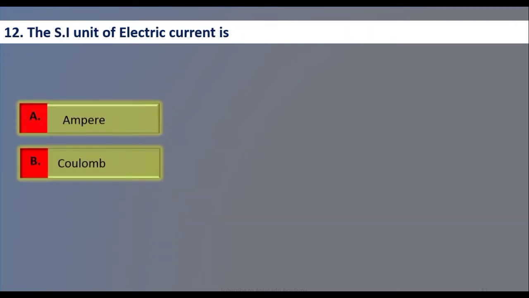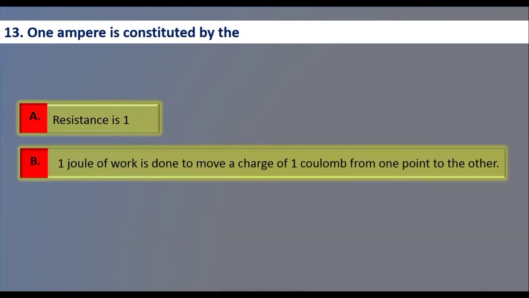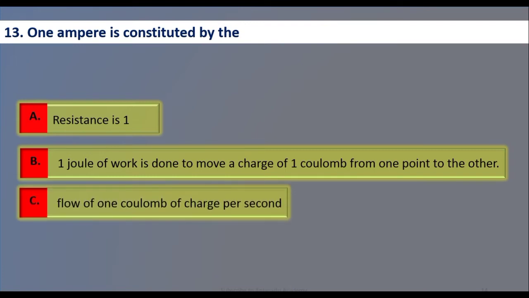The SI unit of electric current is ampere, coulomb, volt, ohm. The SI unit of electric current is ampere. Option A is the right answer. Next question is, 1 ampere is constituted by: the resistance is 1, or 1 joule of work is done to move a charge of 1 coulomb from one point to other, or flow of 1 coulomb of charge per second, or none of the above.